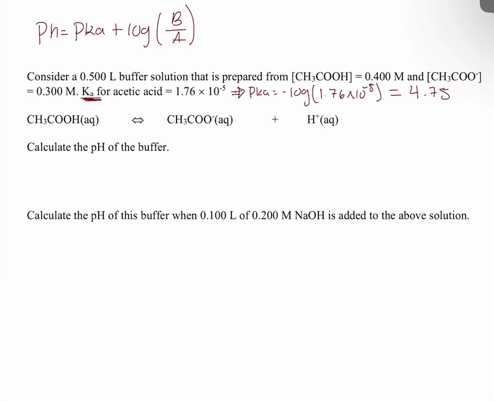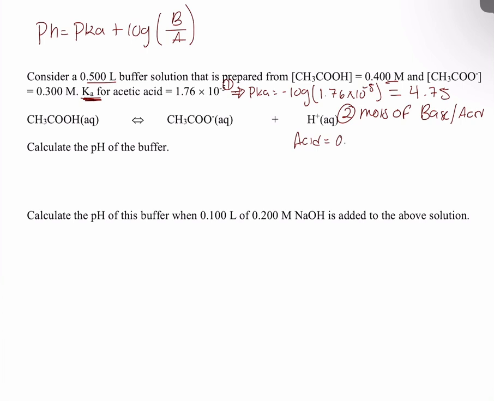Now what we are going to do is calculate the moles. So I'm just going to put number 1, then number 2. We're just going to need moles of base and acid. So for the acid, it's going to be molarity times liters. That's going to give us the moles of the acid.